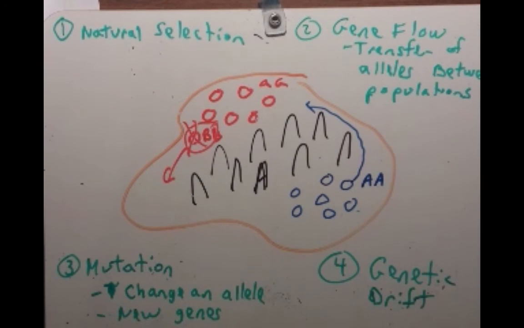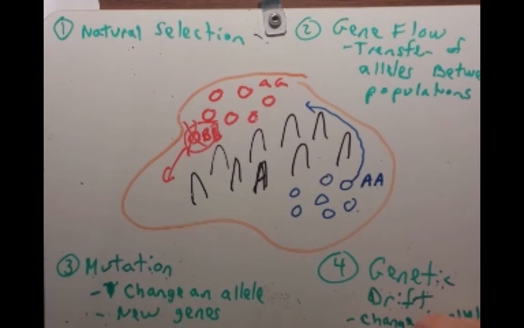In natural selection, nature selects certain allele pairs because of some beneficial phenotype. Genetic drift is an accident or chance event. So this is a change in alleles by chance.